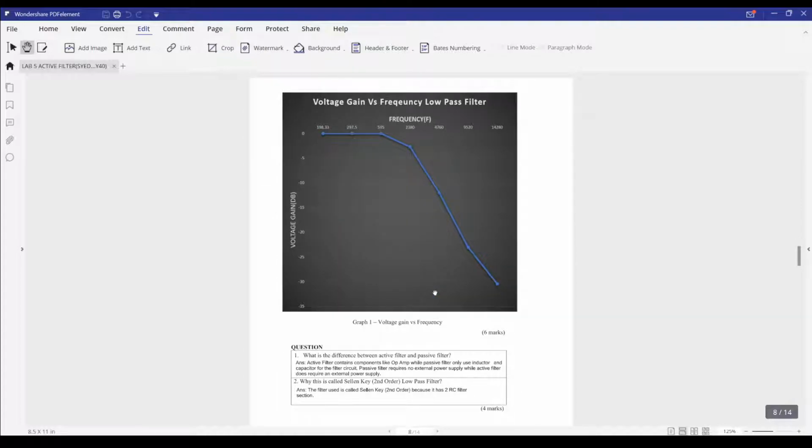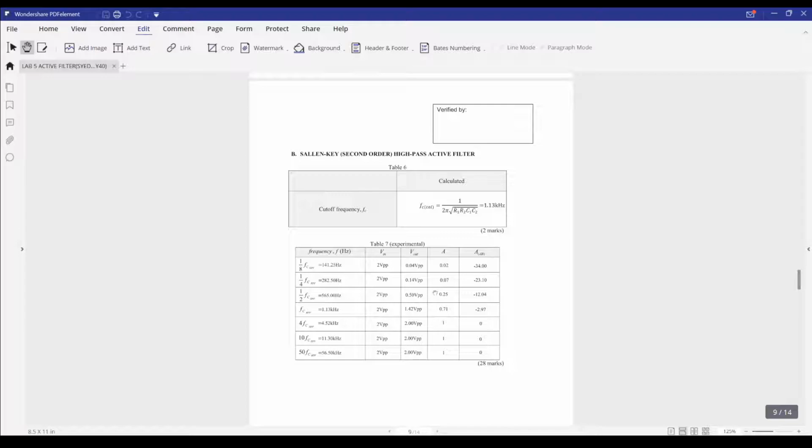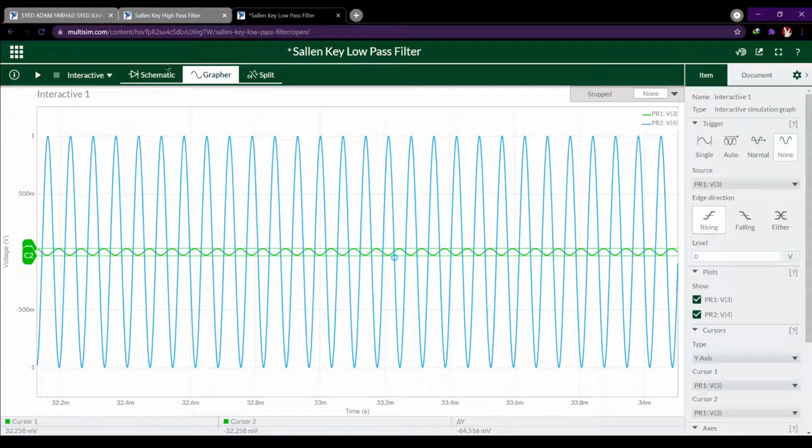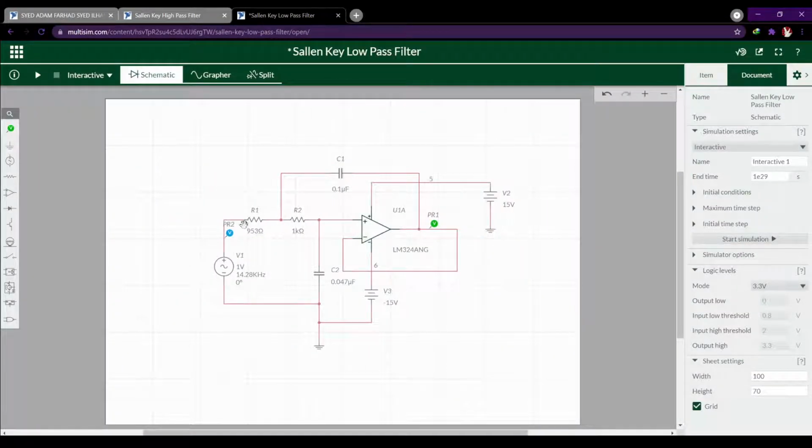Okay, next we'll be looking at the high pass active filter. The high pass active filter is supposed to be the same as a low pass filter, but I'll show you. This is the high pass filter. For the low pass filter, we start off with resistor, then capacitor.